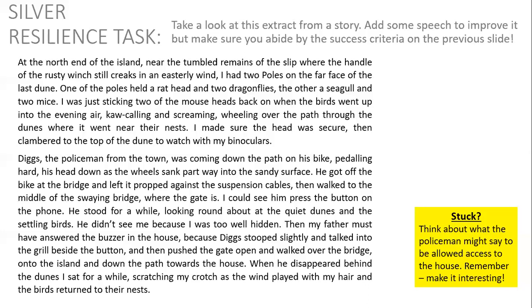But remember, it's not going to be something like, "Hi, let me in." It needs to be something interesting. So how are you going to hook the reader on knowing why that policeman is there? How can it create a little bit of mystery? Okay, so you can either do that on the computer or you might write it down on paper, but either way, don't forget to send it in.